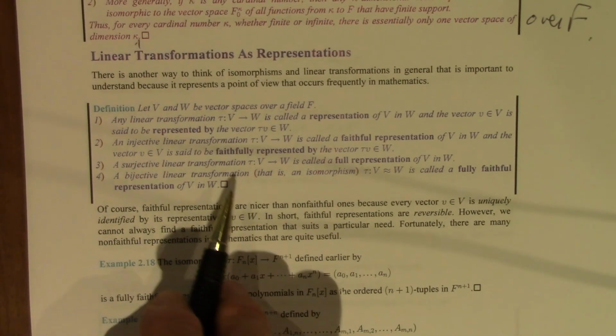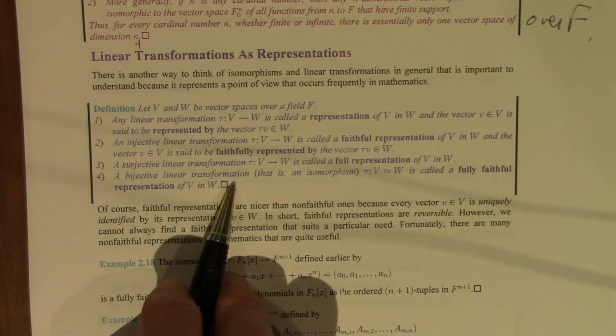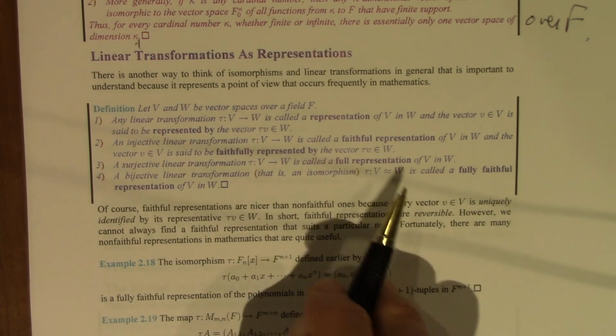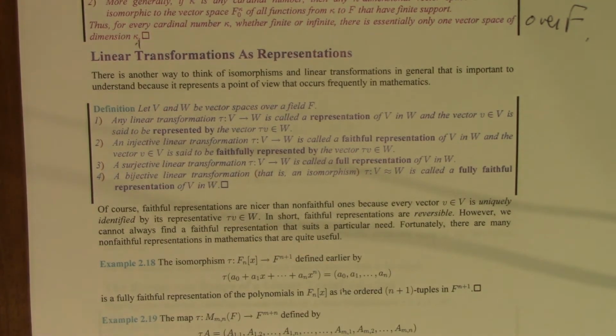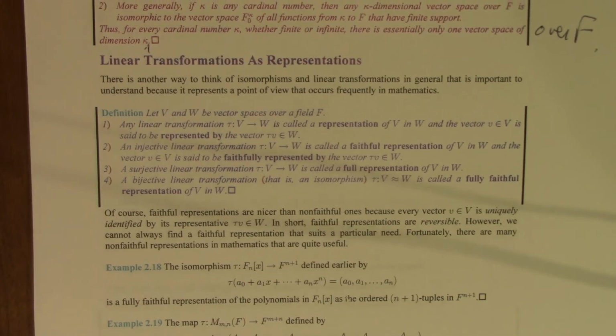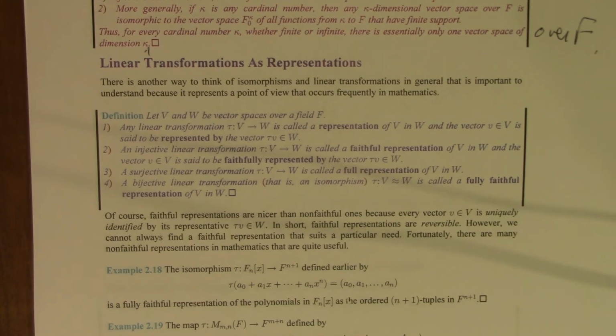And a bijective linear transformation, in other words, an isomorphism from V to W, is called a fully faithful representation of V in W, and its inverse would be a fully faithful representation of W in V. This is a language that I'm going to use as often as I feel appropriate, so you will get used to it.